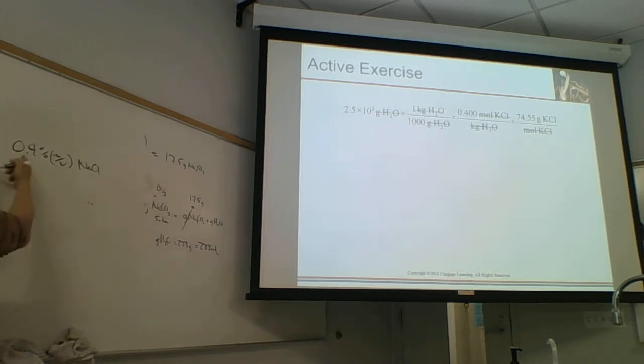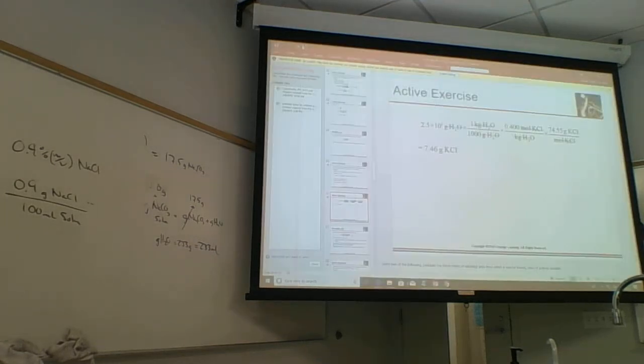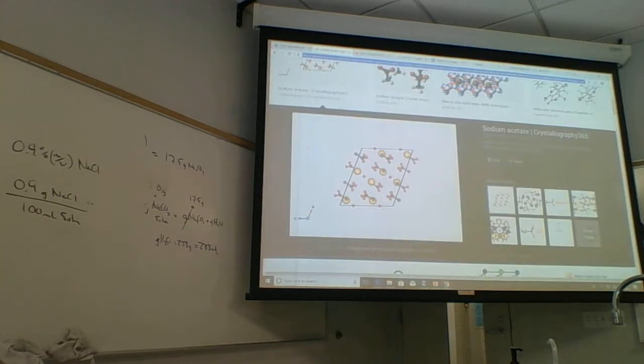What this means is that there's 0.9 grams of pure sodium chloride per, not 100 grams of solution, but per 100 milliliters of solution. So 0.9 grams of sodium chloride over 100 milliliters of solution gives us a 0.9% m/v sodium chloride. You know what they call that? You can buy it.